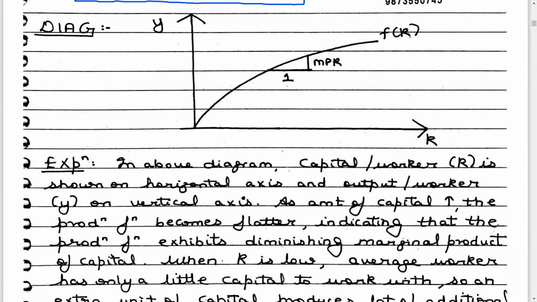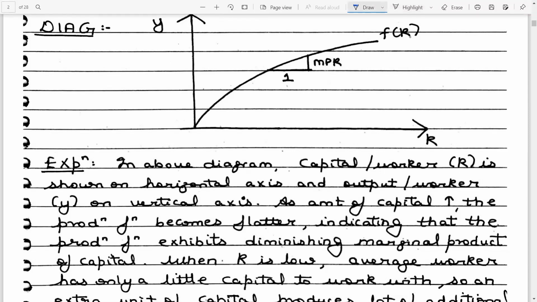All students should be familiar with the diminishing returns to factor. It's a very famous concept we do in microeconomics. The same concept if you apply here, marginal productivity of capital stock per worker is diminishing. So you can think of it like that.